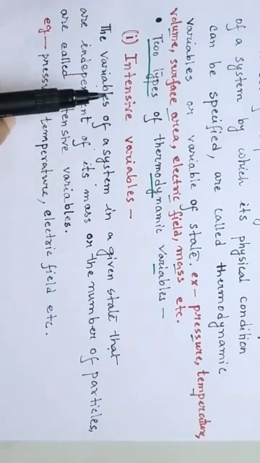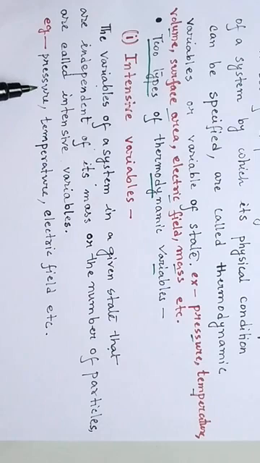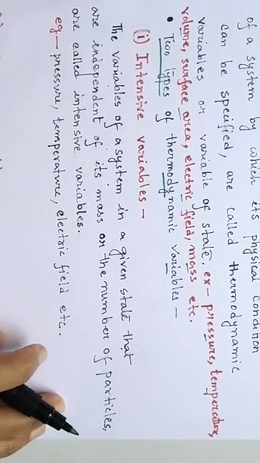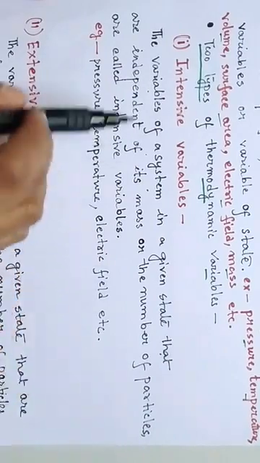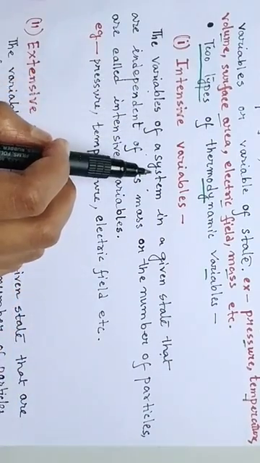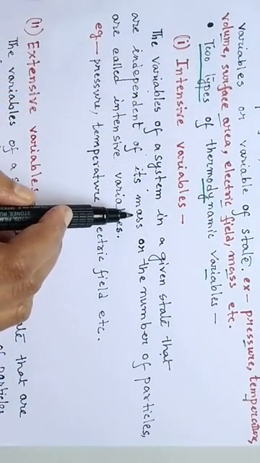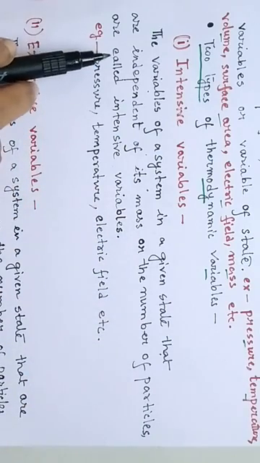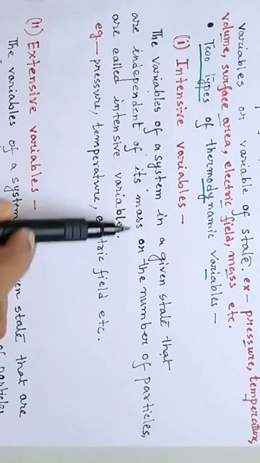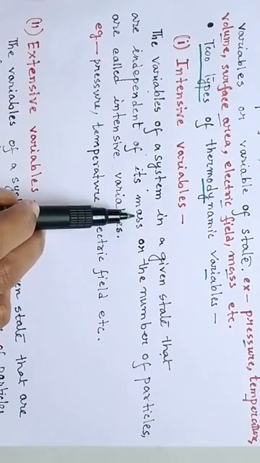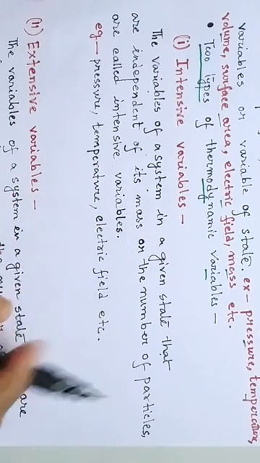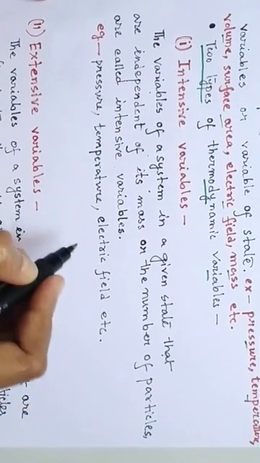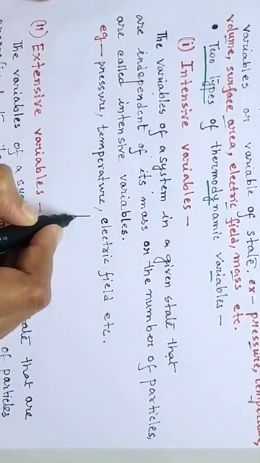Examples of intensive variables are pressure, temperature, electric field, etc. These variables are independent of the mass or the number of particles present in the system. They don't depend on how much matter or how many particles are there in the system.